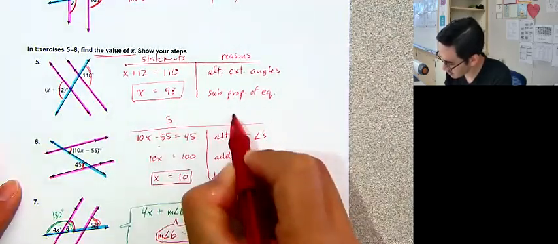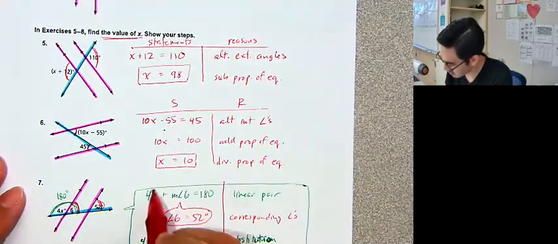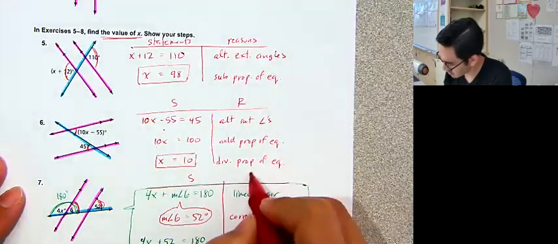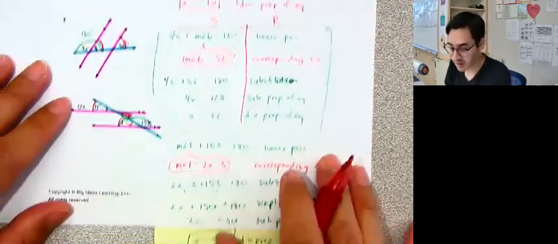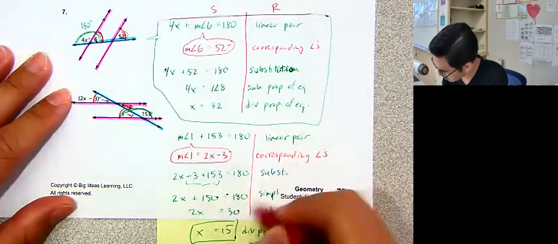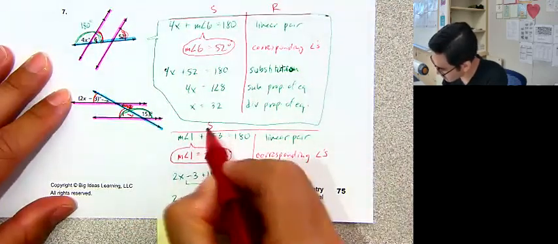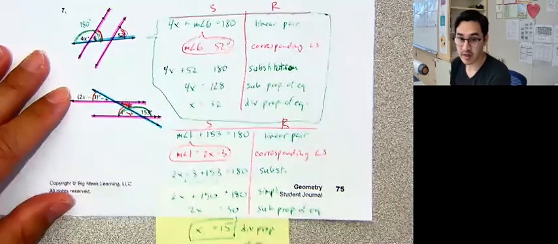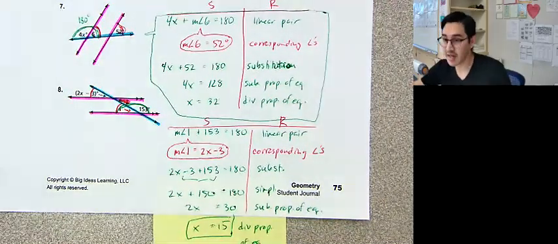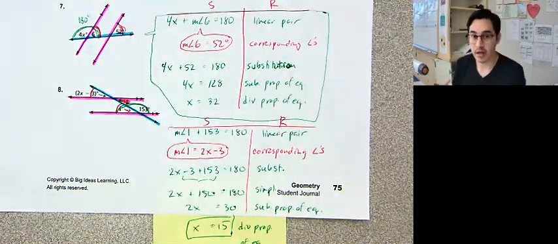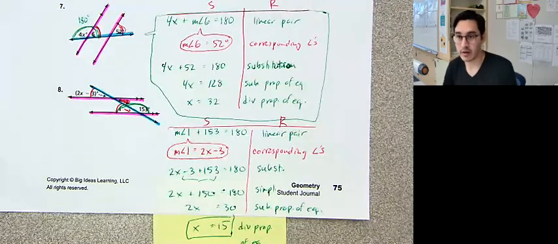Okay, statements, reasons. Statements, reasons. And then this one was a little messy, but statements here and reasons there. So although these are technically not proofs, to prepare you for future lessons, I'm trying to write it as a proof.